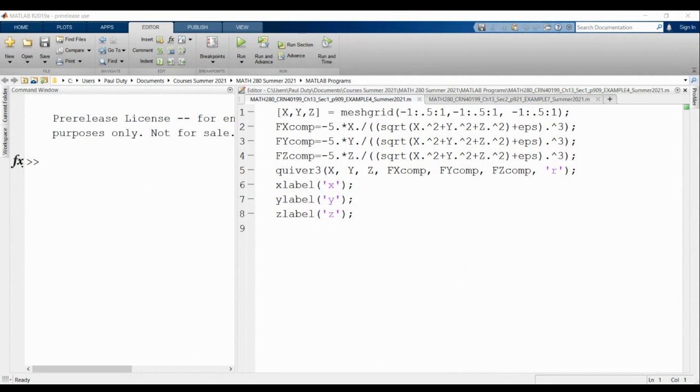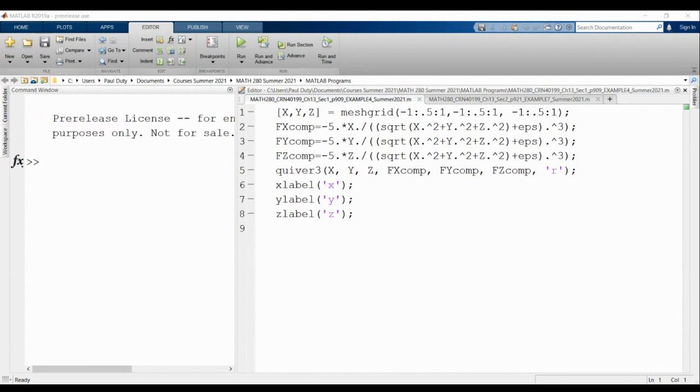In other words, evaluate the component at each point. So that's why, for the fx component, I have -5 times x times, but I have the dots there in front of the operators. The pluses and minuses you don't need dots in front of, but the times and the divide you do.